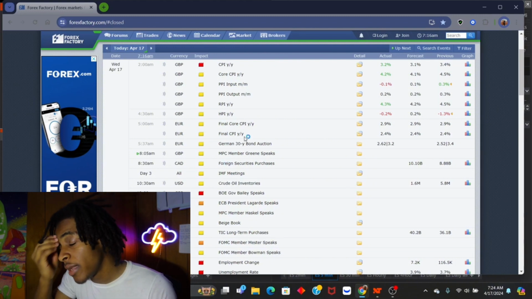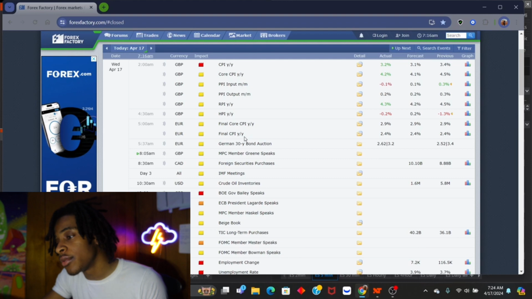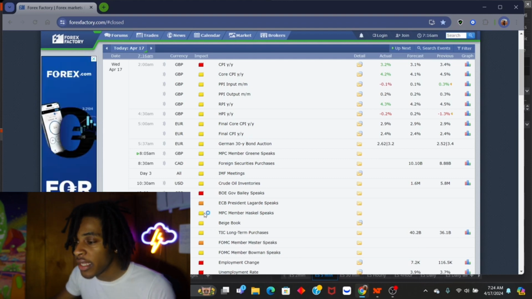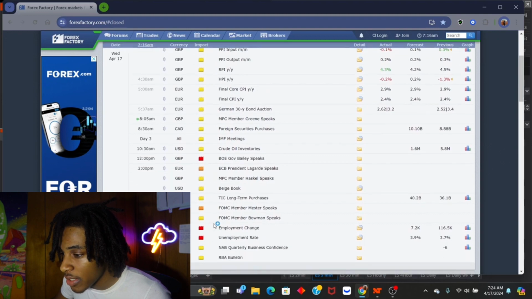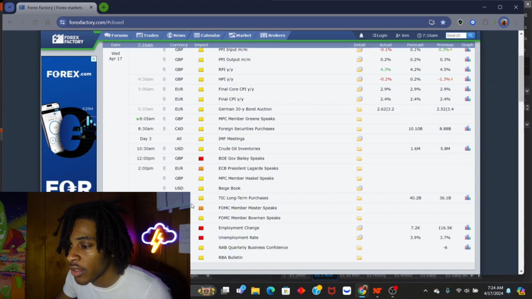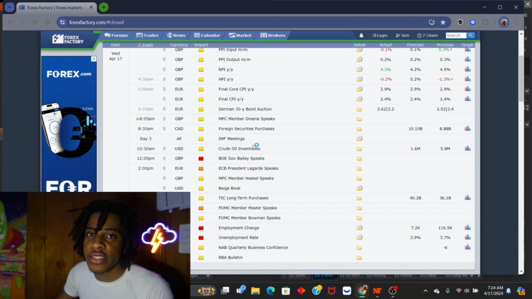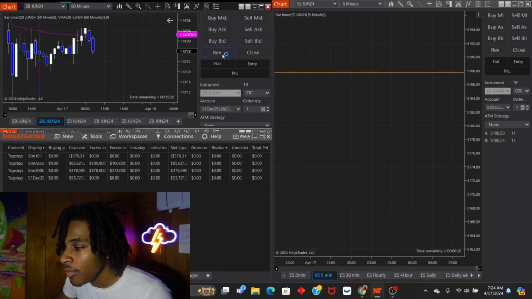What you mainly want to look for is the red folders, because they aggressively move the market in ways which the market doesn't normally move. As you can see, I'm only looking for USD because that's where I'm at. We have 5:30 USD medium impact news, but that's at 5:30, markets closing. So we ain't really looking at no news for today for real.